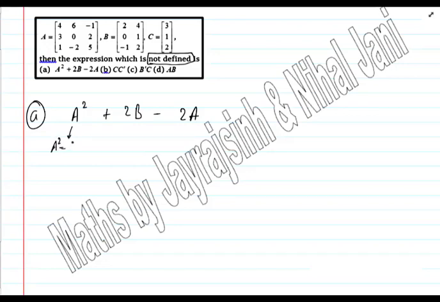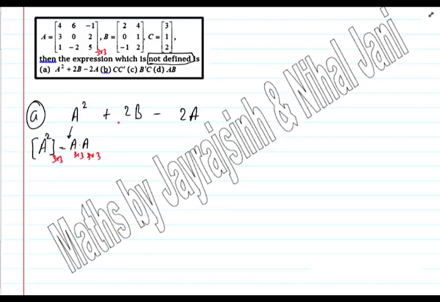The first term is A square. Now we know that A square is basically multiplication of A with itself, and the order of A is 3 cross 3, right? So here we have multiplication of two matrices having order 3 cross 3, which will give us a matrix of 3 cross 3, right?